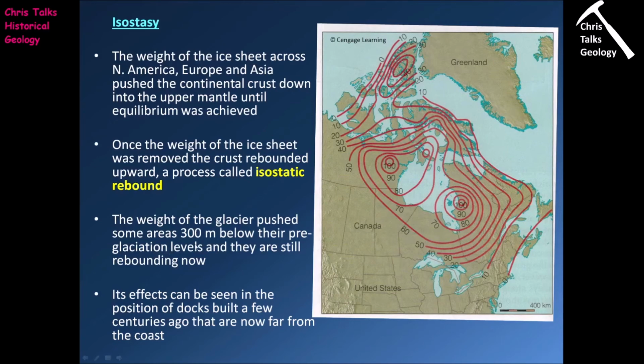Now, the weight of the glacier pushed some areas of the continental crust 300 meters below their pre-glaciation levels. And so these areas are still rebounding even now. Because remember, the last ice age only finished 12,000 years ago.